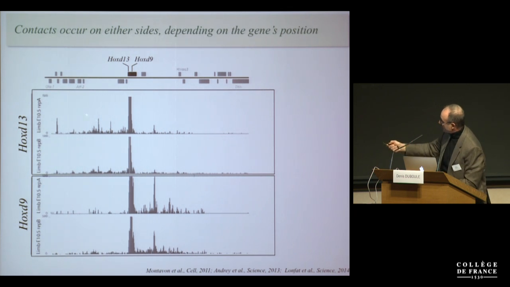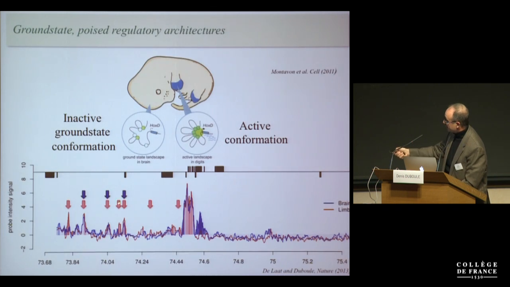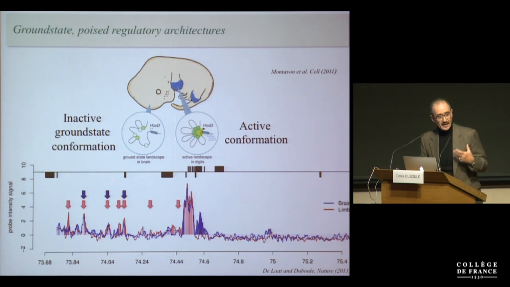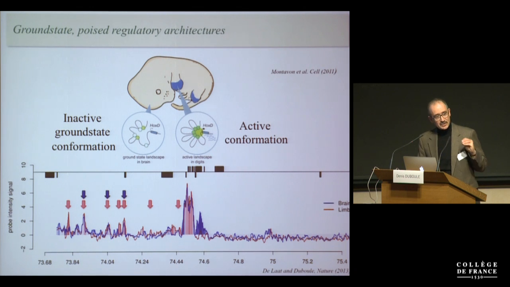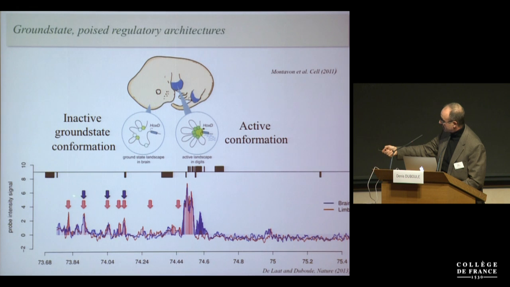Now, if you look a little bit more in detail at these contacts, Thomas could identify 7 very strong contacts. You see these red peaks here, which we call regulatory islands, and therefore we qualify this gene desert as a regulatory archipelago. Okay. And Thomas also observed that some of these contacts were present, you see it in blue here, in cells which do not express Hox genes, which do not transcribe Hox genes.